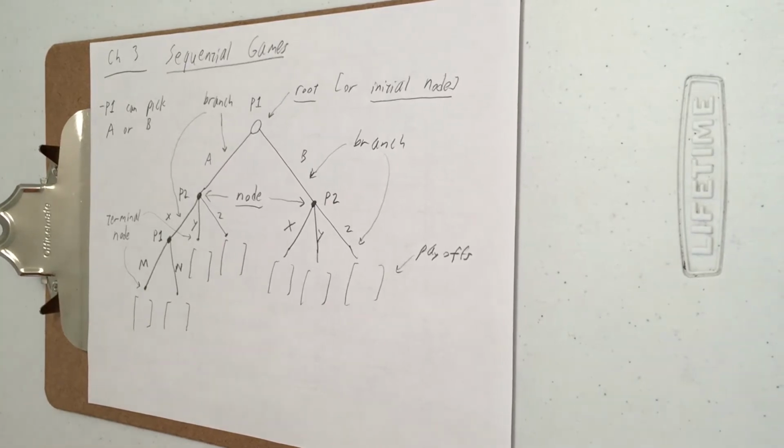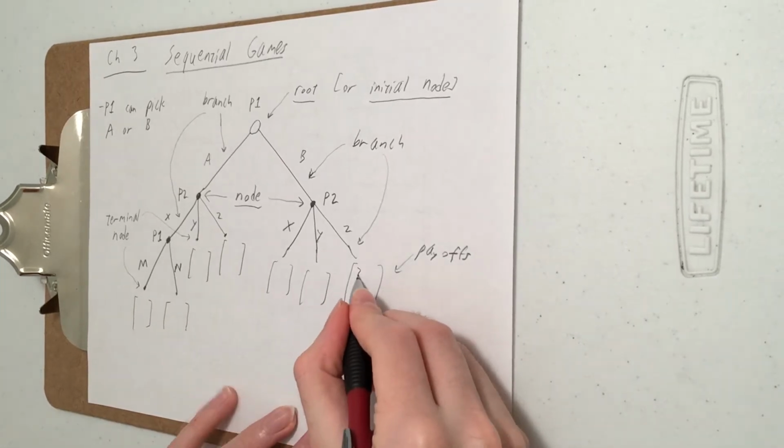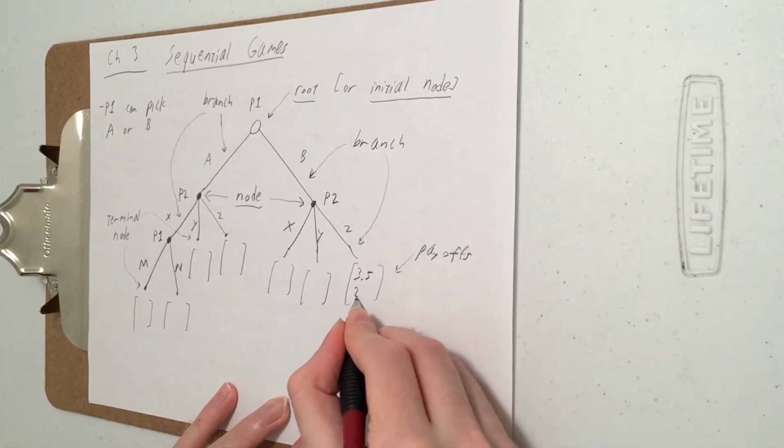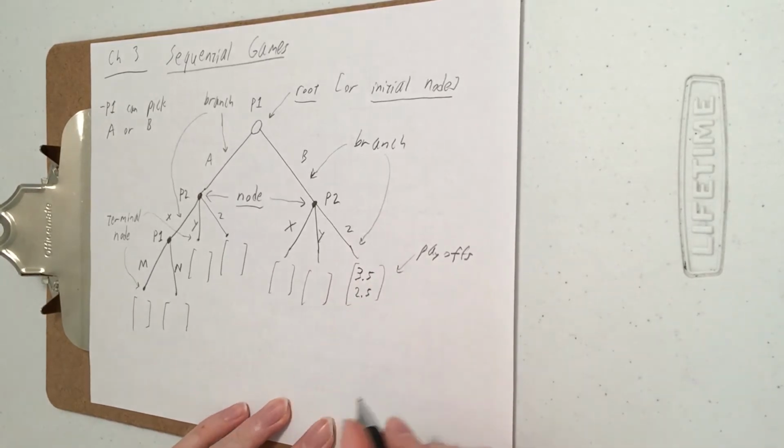Very important, you always have to specify in the payoffs which player's payoff comes first. So if I write 3.5, 2.5 over here, I've got to tell you which player has 3.5, which player has 2.5.